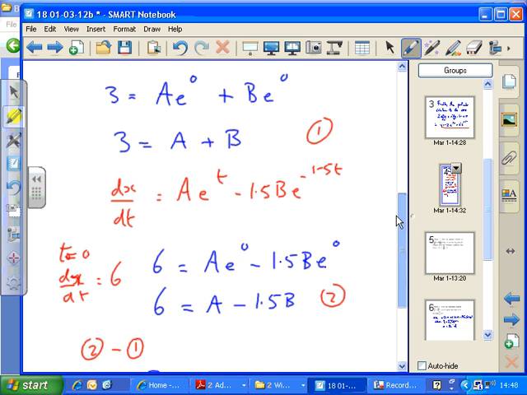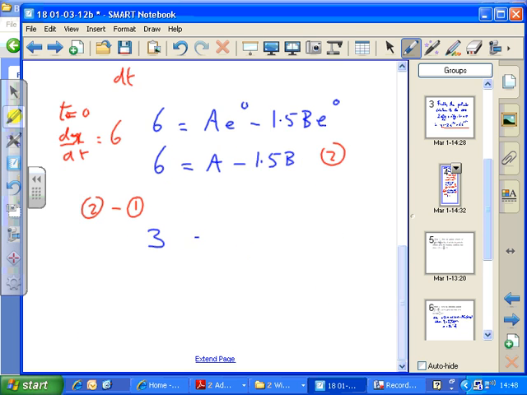And minus 1.5b minus b is minus 2.5b. So now we divide both sides by minus 2.5. b equals 3 divided by minus 2.5, which is, what is it? Minus 1.2, yeah.